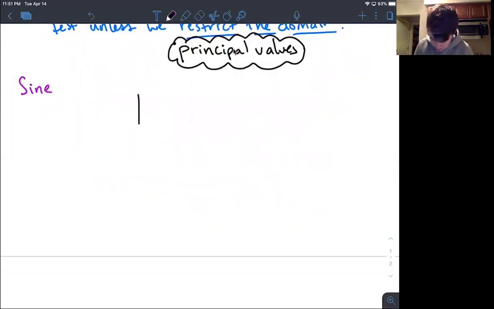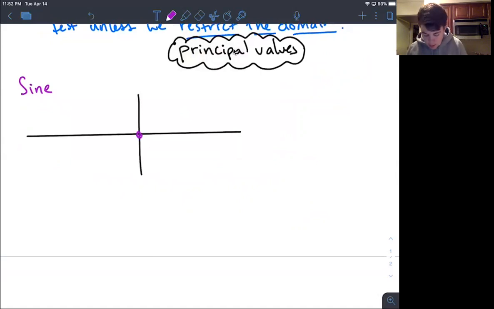I'm going to draw it my own self. Thank you, iPad, for making my lines so straight. Okay, so I know a sine graph starts right at the origin, so I'm going to put a point there, and we're going to say that that's 1. I know I told you not to label your axes. These are just my top and bottom.